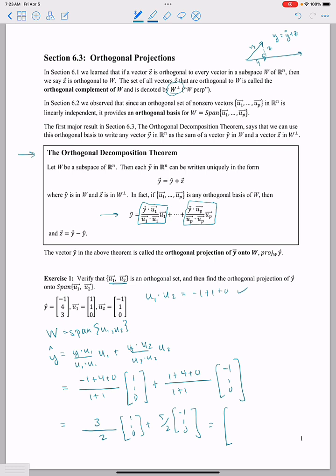So 3 halves minus 5 halves, and then 3 halves plus 5 halves, and then 0. So I get -1, 4, 0. So this is the orthogonal projection onto that subspace spanned by U1 and U2.